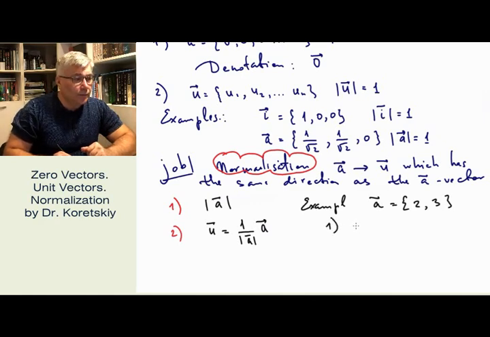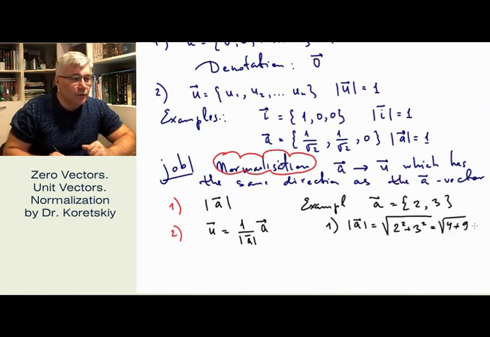Example, vector A has components 2, 3. The first step, the magnitude of this vector A bar equals square root of 2 squared plus 3 squared, which is 4 plus 9, and it yields square root of 13.